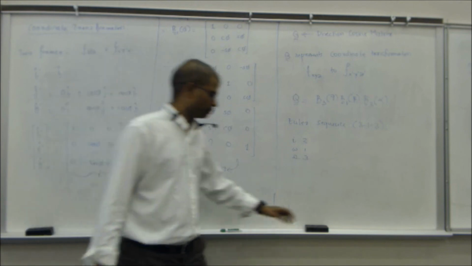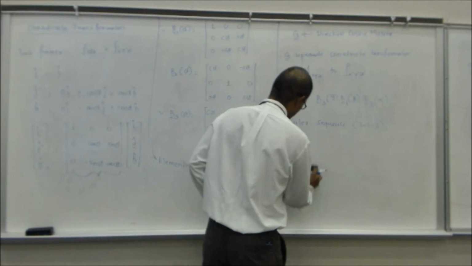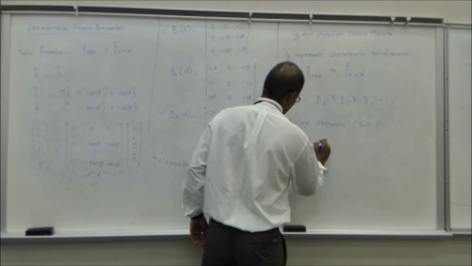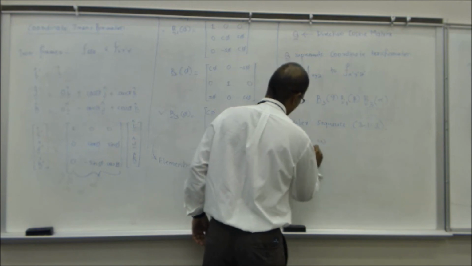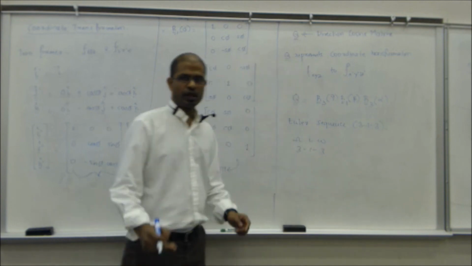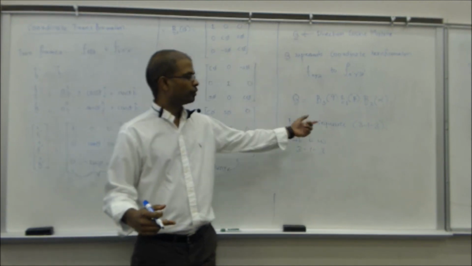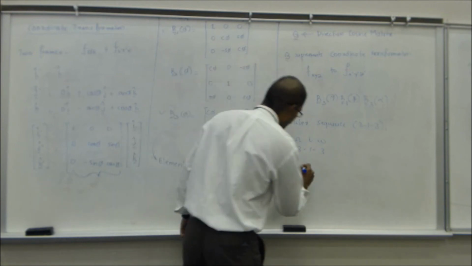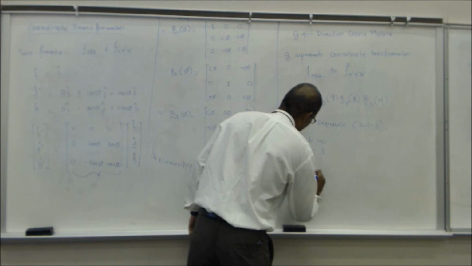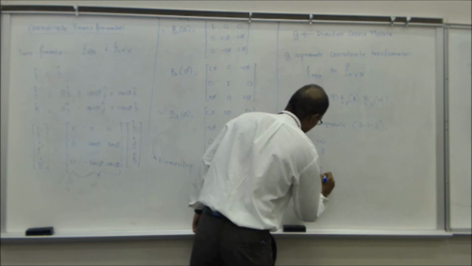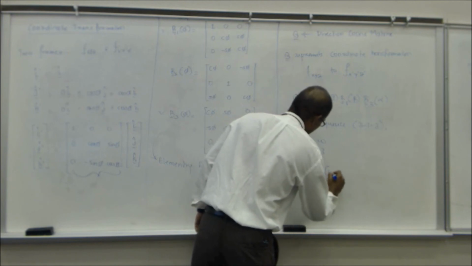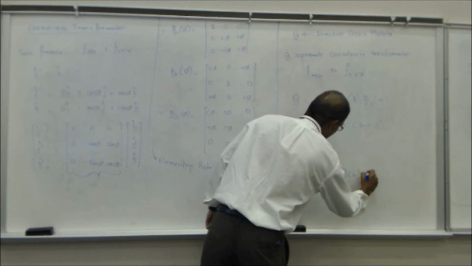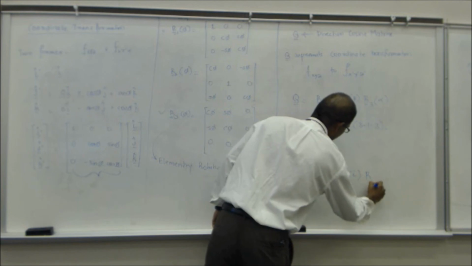Yeah, this is a sequence, okay? And when you're multiplying, you take the opposite. Okay? So your Q is equal to R3 small omega, R1 I, and R3 cap omega.